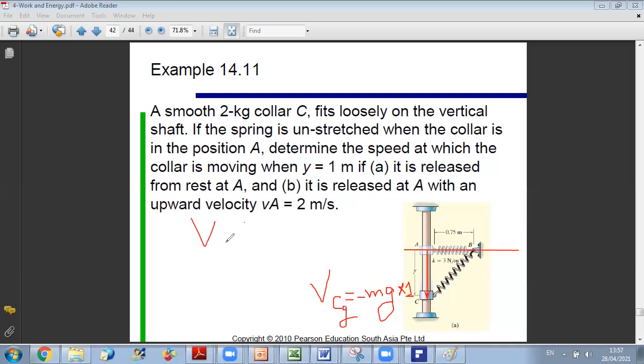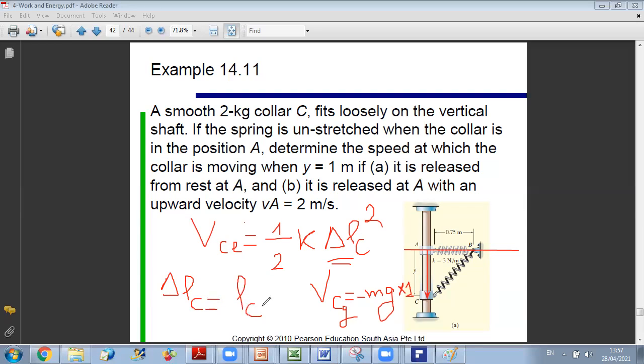To calculate VC elastic, it is equal to half K times delta L at point C squared. What is delta L at point C? Delta L at C is defined by the total length of the spring, L at C, minus L0. If you look at your figure, this is the unstretched length, because at A it was unstretched.